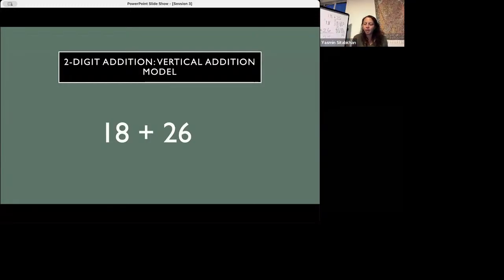Because that's confusing. Think about if you are a second grader or a first grader and you hear 1 + 1 + 2, and you're like, wait, but it's actually 10 + 10 + 20, right? There are so many ways students misinterpret this algorithm. So it's really important that teachers explain and use the correct language.